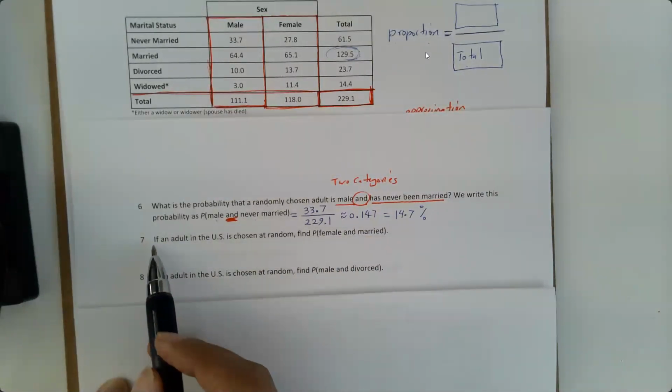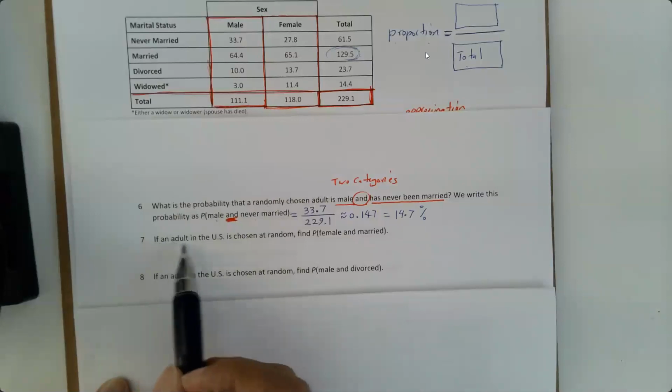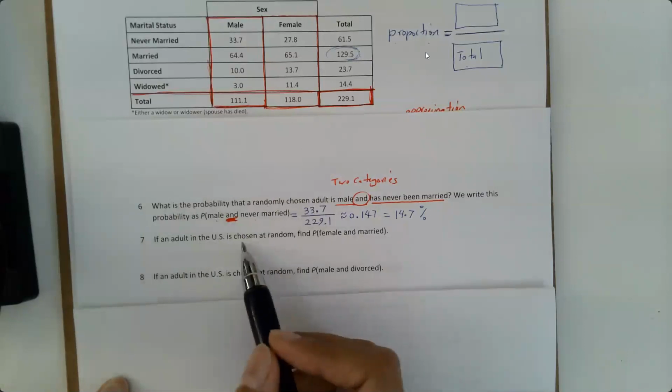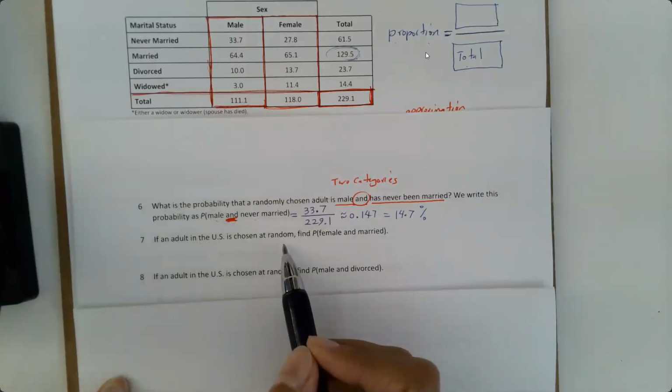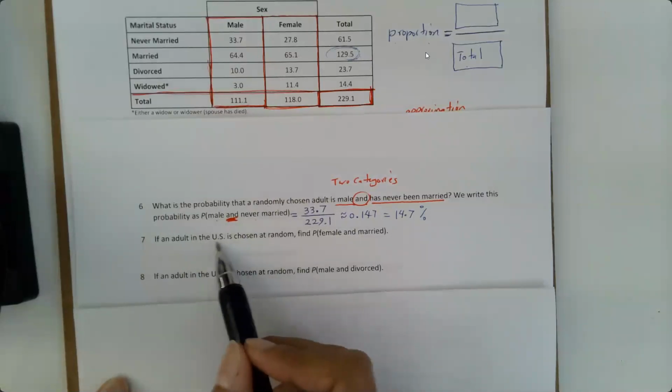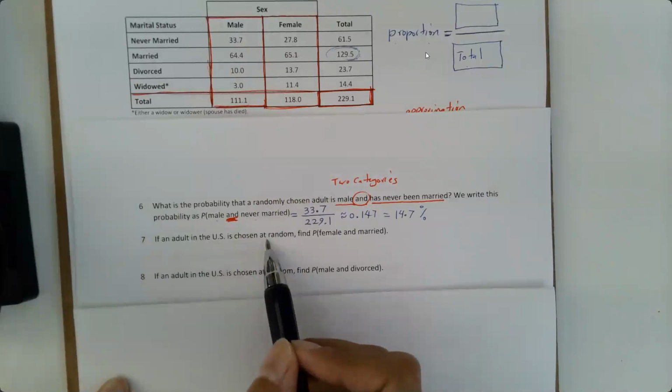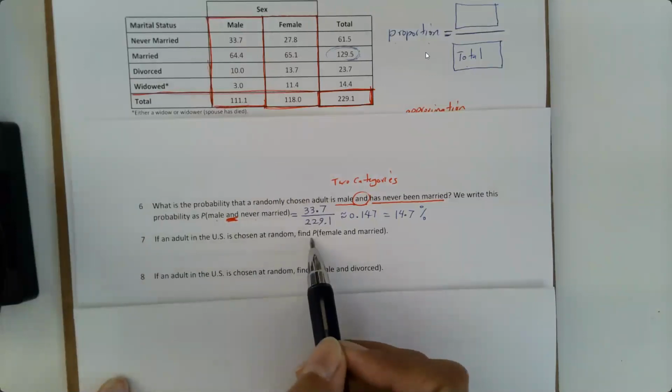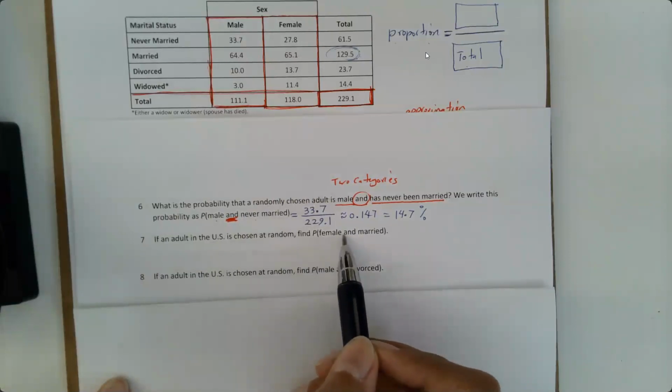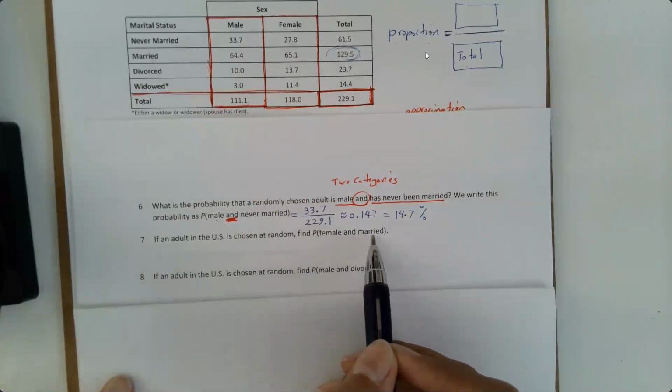Next question. If an adult in the US is chosen at random in the US population, what is the probability that person is female and married?